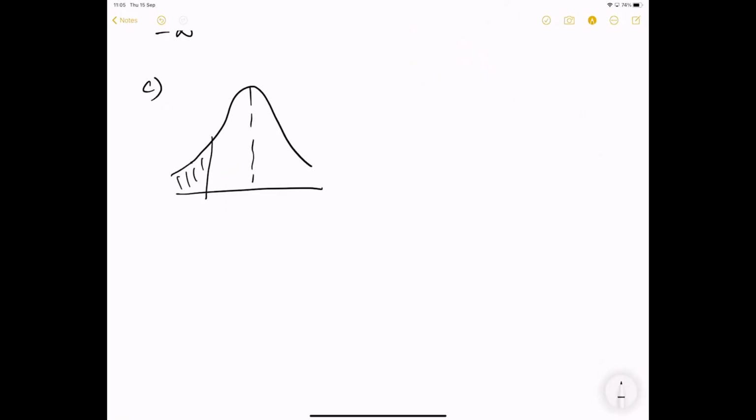This area is 10 percent, then the other area is 90%. So we have a left-sided table, and we just consider the probability 0.1. We have to find the location of 0.1.